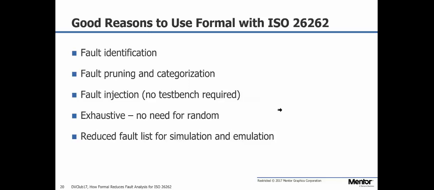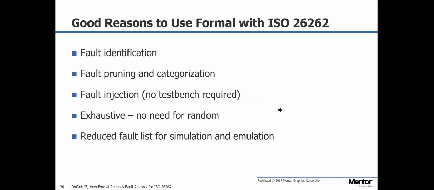You can add constraints to your formal environment to address them, or you can pass these unsafe faults to the simulation and see if they can be confirmed to be unsafe. But usually in the formal context, you have an environment where you can add constraints.